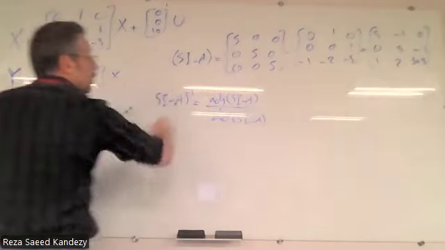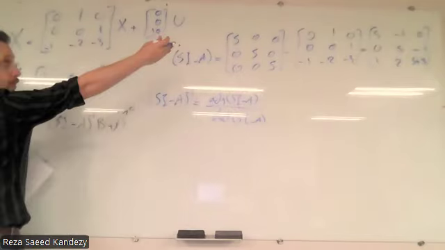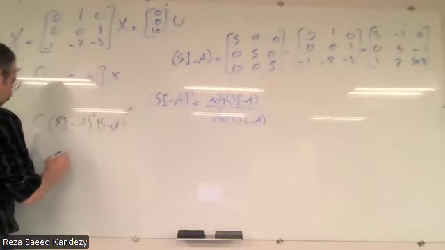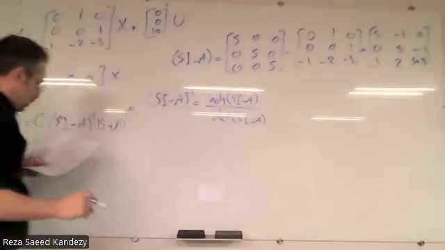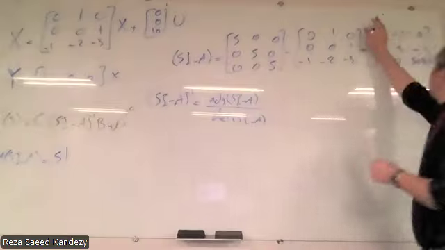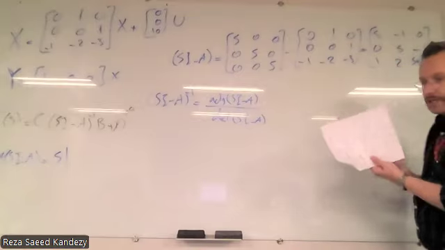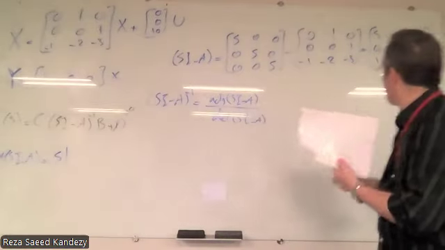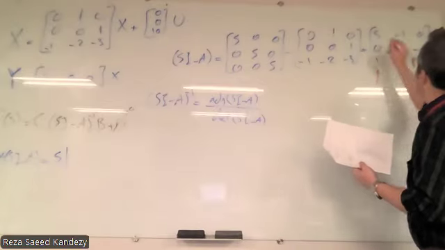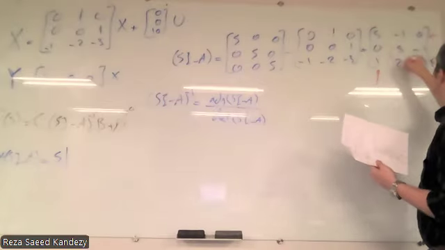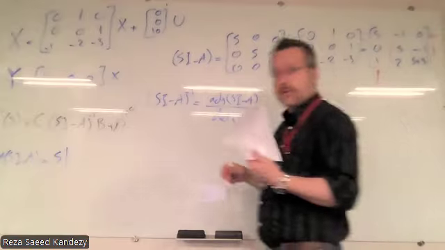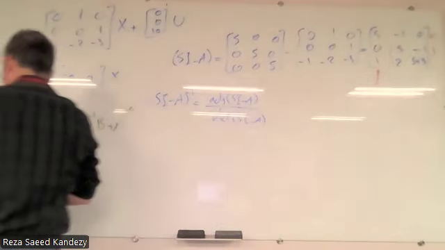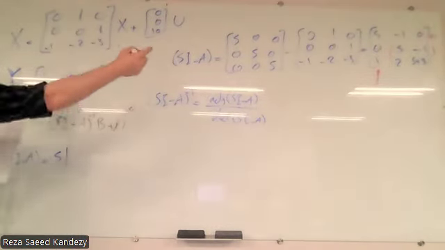So it's going to be the first component times the determinant of, we are going to eliminate column 1 and row 1. So we only have a 2 by 2 matrix. So it's going to be, what is that?